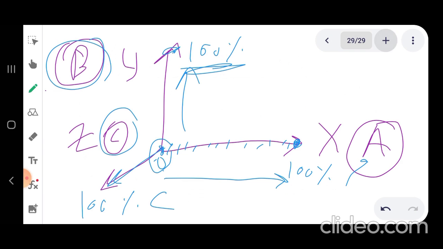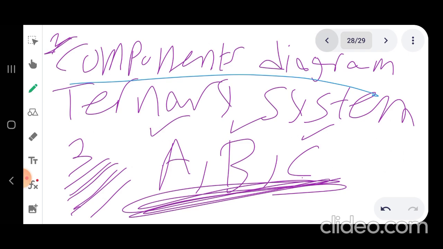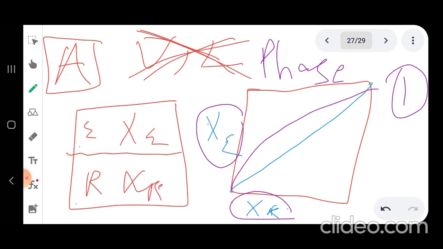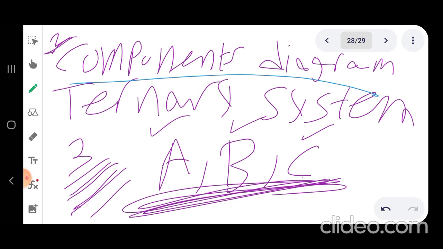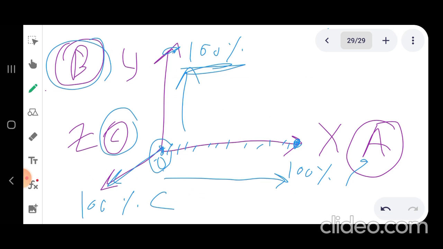But there is a problem here. This diagram is not like the phase diagram. The phase diagram is a two-dimensional diagram, but the component diagram is a three-dimensional diagram where you have x, y, and z.